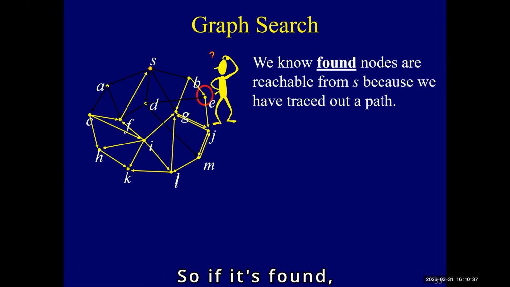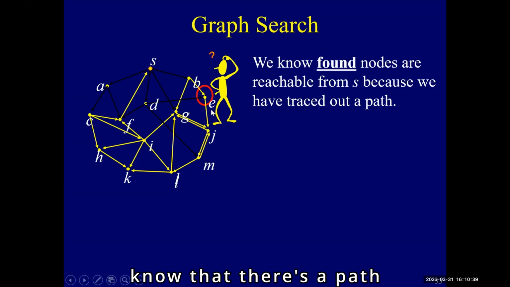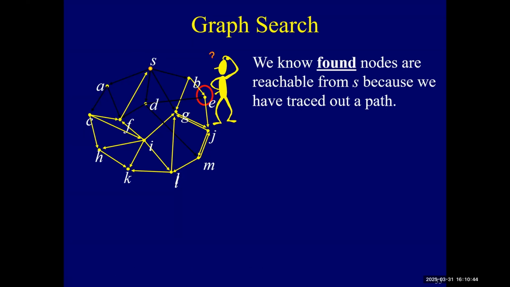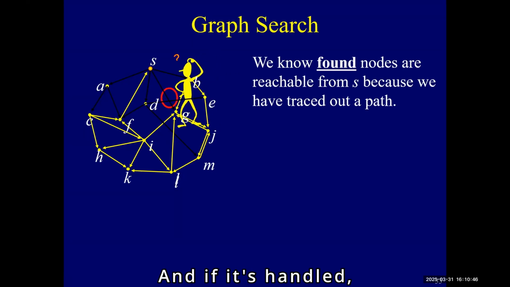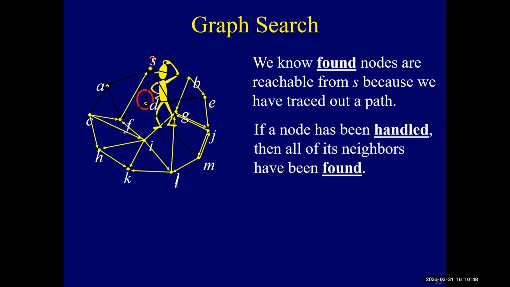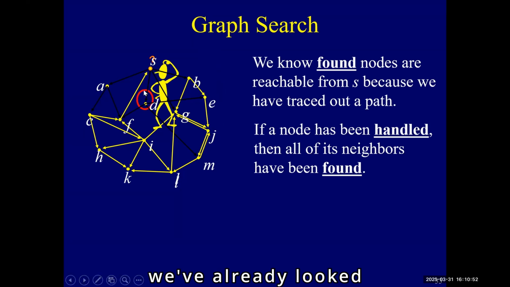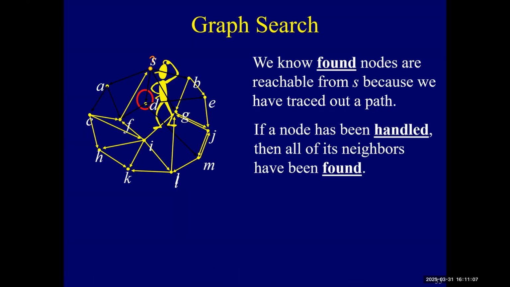If it's found, it means that we know there's a path from S to it, because we've traced it out. And if it's handled, that means we've already looked at its edges, we've searched out, and that gives us the extra loop invariant that if it's handled, then all its neighbors have been found. Does that make sense?